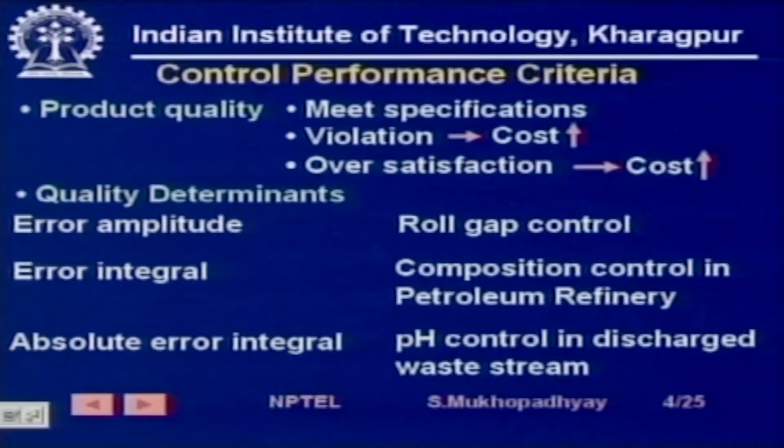Similarly, let us take another example, pH control in a discharge stream of some chemical process. In today's strict environmental regimes, it is stated that suppose you are releasing some effluent into a river, then the pH, that is whether it is acidic or basic or neutral, should be as close to neutral as possible, and it should be neither acidic nor basic.